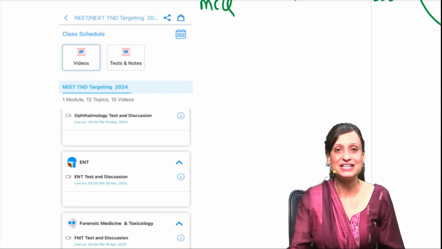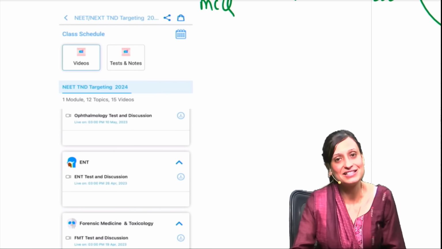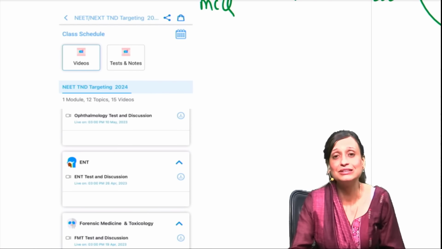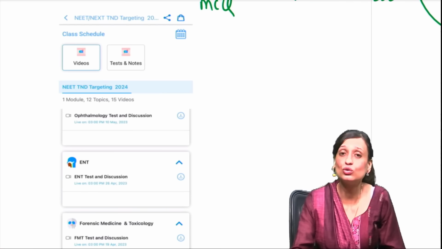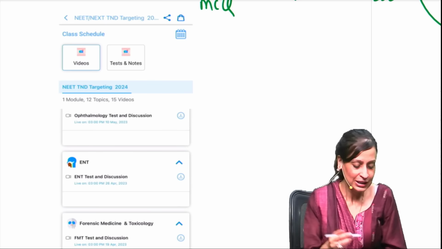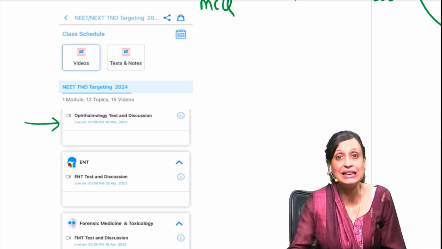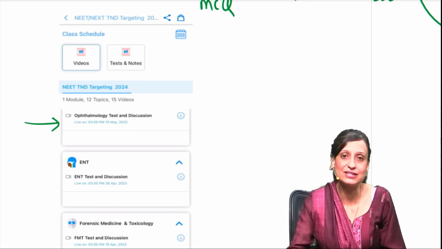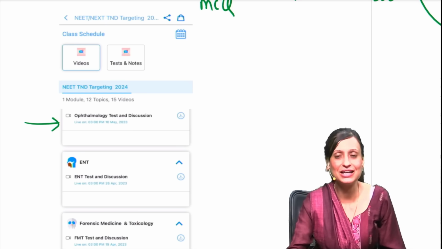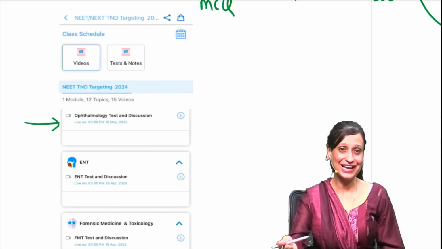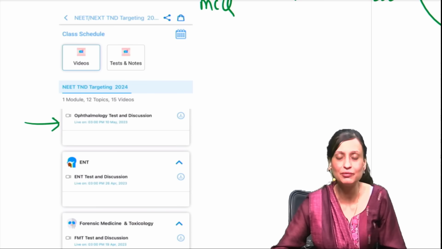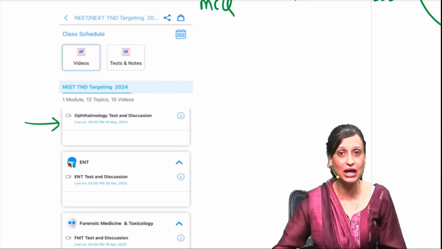Then, suppose for some reason you couldn't attend the discussion live. So I said, although you should do it live, but suppose you couldn't attend the discussion live, the same discussion of your live classes is uploaded in the app, usually on the same day. Okay, sometimes if it happens to end late at night, we'll put it up by early morning, but usually on the same day, the discussion will be uploaded.